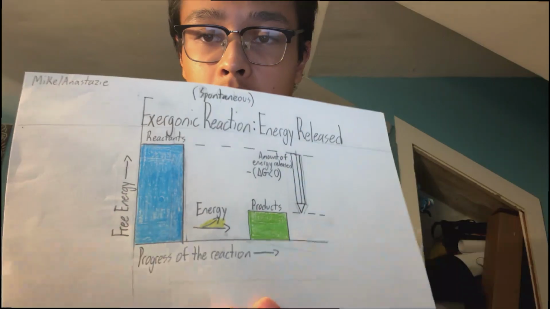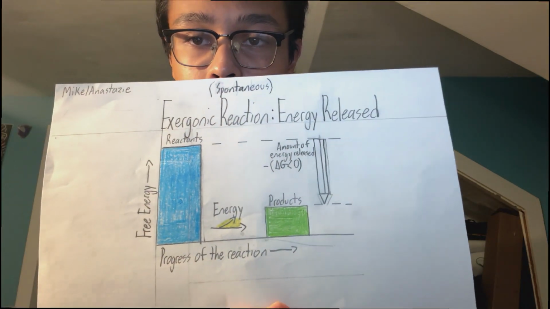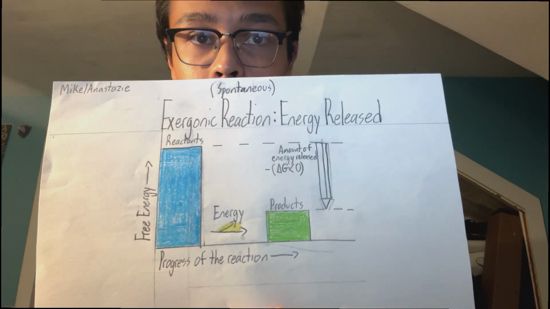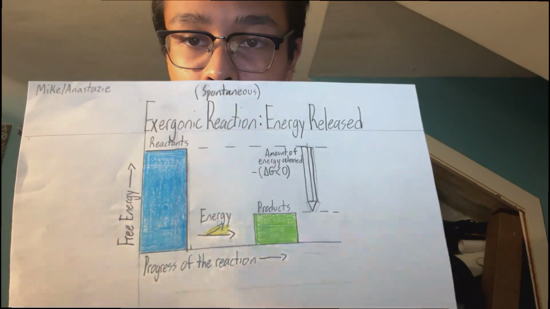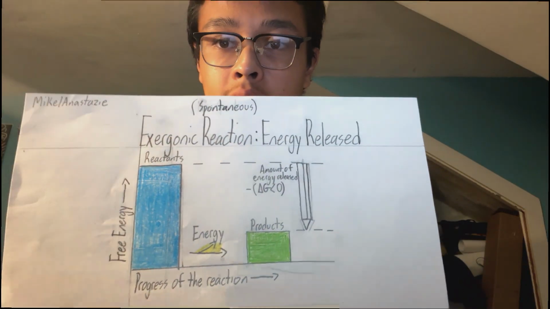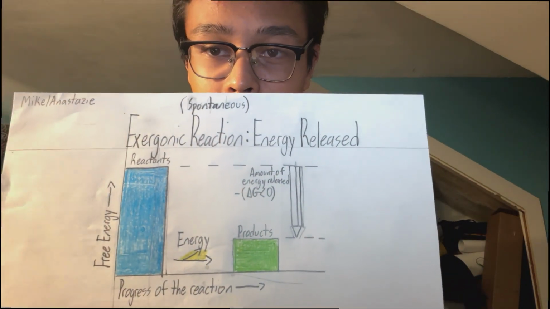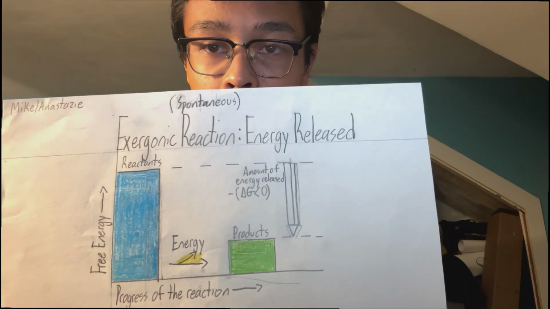And on the exergonic, you could see that the reactants release energy, and then it produces the products.